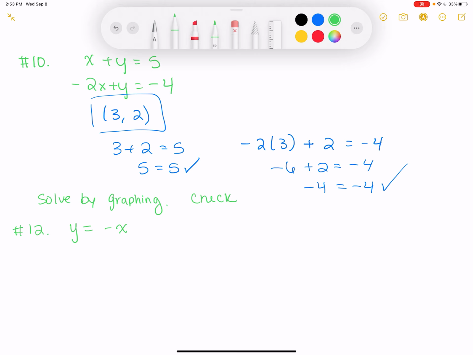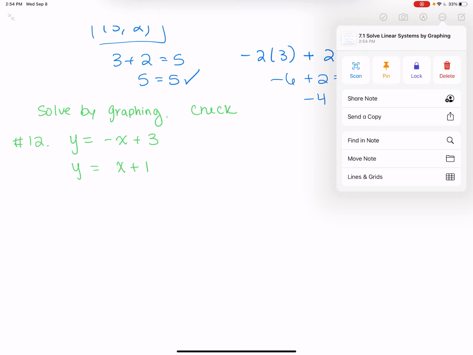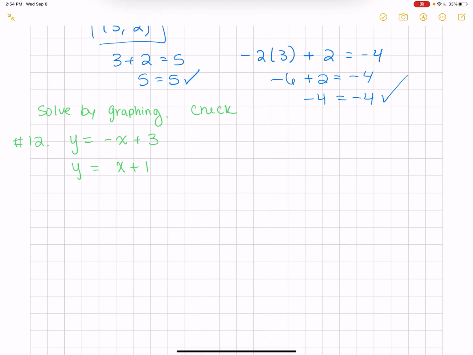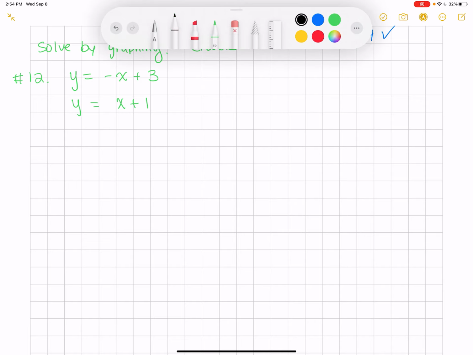So we've got y equals -x plus 3, and y equals x plus 1. I'm going to put the grid lines up here for graph paper, since I think it will be helpful. All right, I'm going to draw my graph.